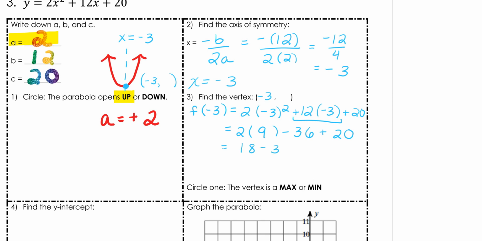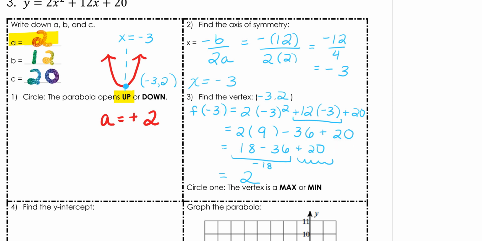Minus 36 plus 20. 18 minus 36 is negative 18. And then we're going to add 20, which gives us a positive 2. So the vertex is at negative 3, positive 2.